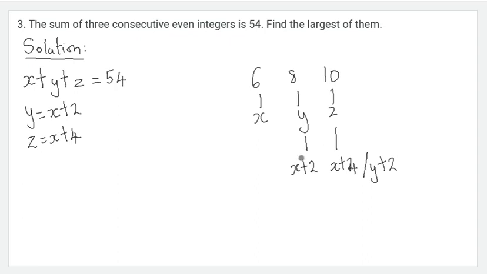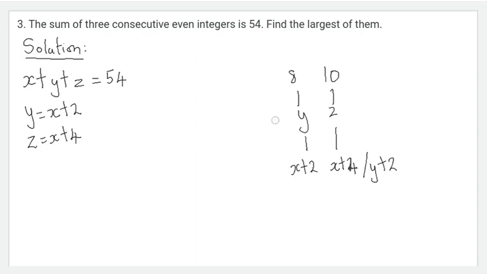I hope you're getting it. So x, the next consecutive even number to x will be x plus 2. The next consecutive even number to this will be x plus 4 because we are moving in steps of 2. I hope you got that, and if you didn't, you can play it back again.